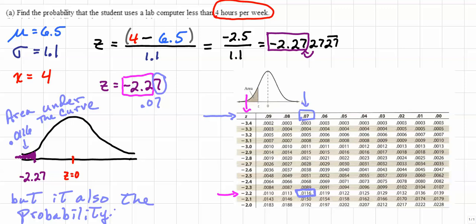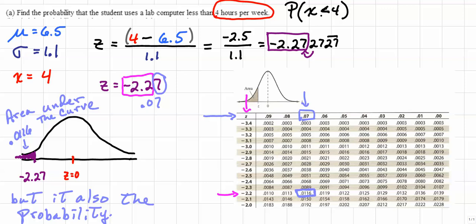And let's look at this in terms of how we would write this in mathematical notation. For part A right here, it says find the probability the student uses a lab computer less than 4 hours per week. So basically, we would write this as a capital P, which means probability, and X would be less than 4 hours per week.